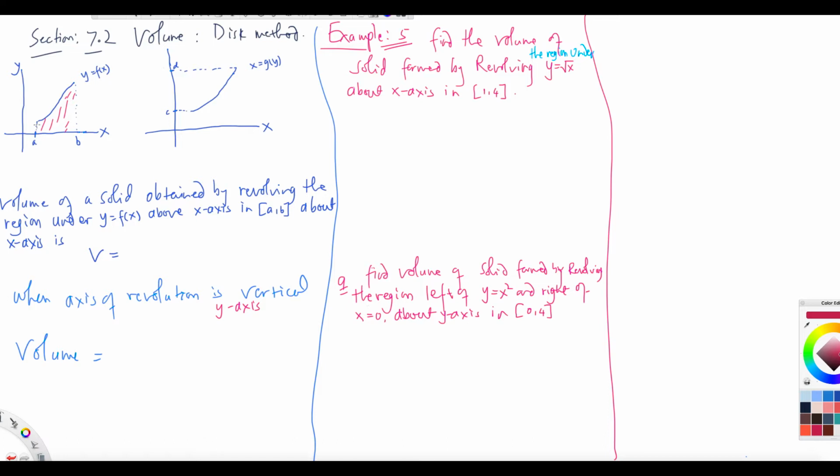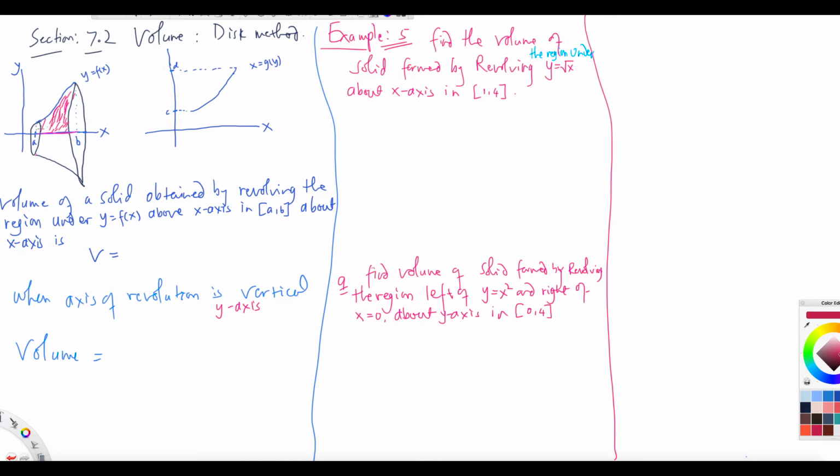If you revolve it, it will look like this. Revolving means you get a solid. We are rotating the shaded region, shaded in red, the original region, about this line, the x-axis.